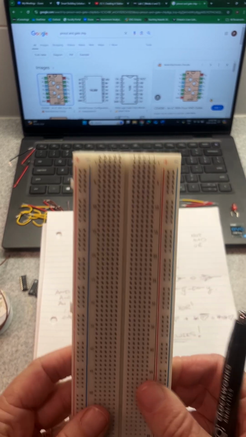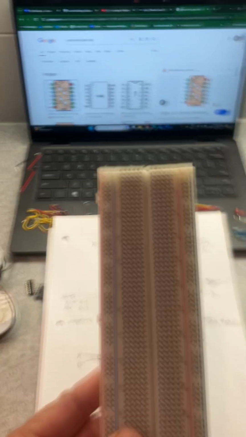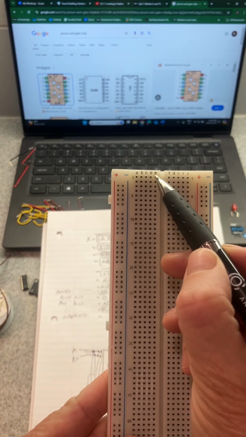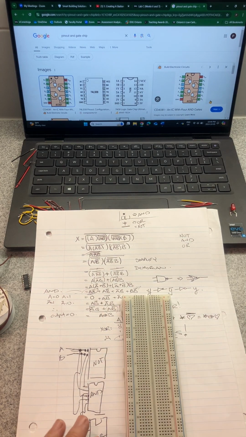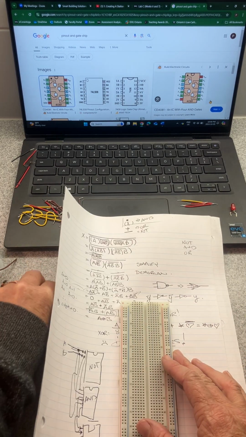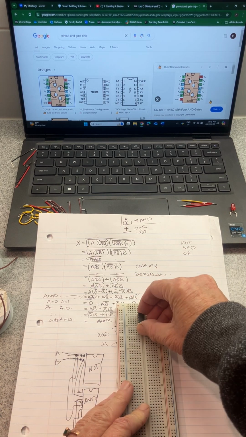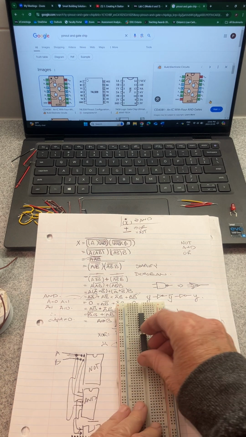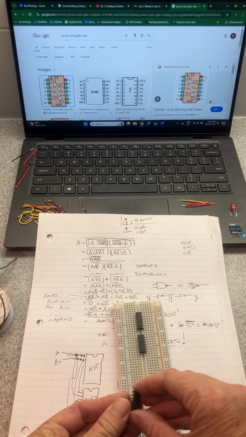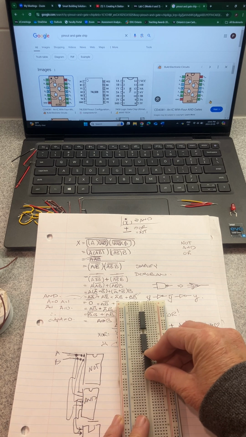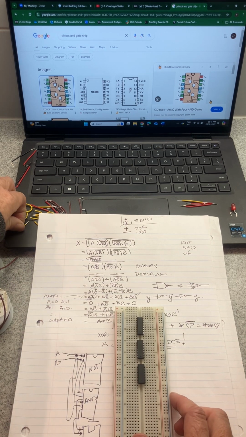First step is we have to make sure that our breadboard is upright. All right, our breadboard is upright, and then we are going to put our AND gate. We're going to put our OR gate. And we're going to put our NOT gate on the board. There we go. Now I'm going to wire some inputs in.